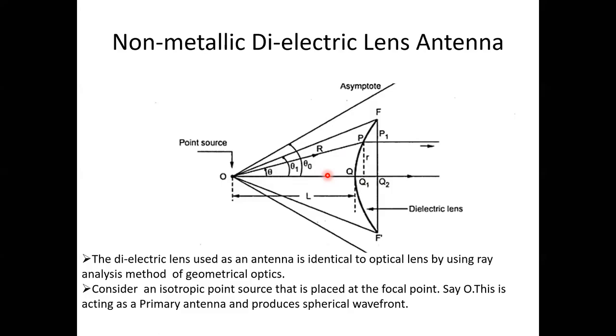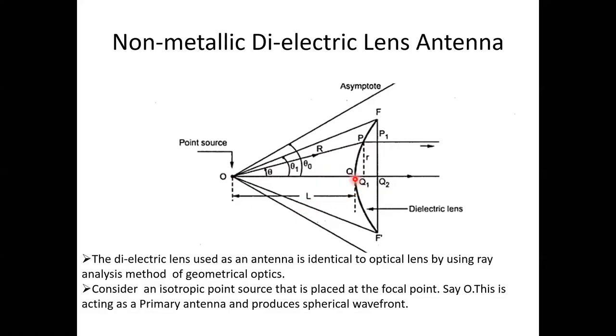Electrical path length means whatever is the distance divided by lambda you have to consider. As it is outside the lens medium, this distance is R, so R divided by lambda naught. That is OP, and that will be equal to OQ Q1. OQ is equal to L, so we can write it as L divided by lambda naught.